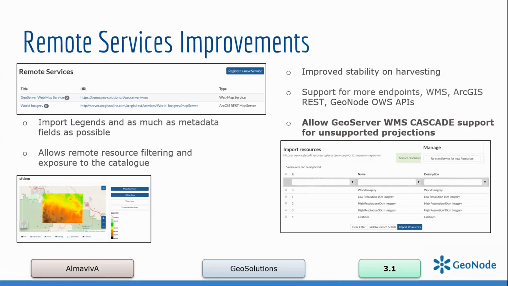So basically, you can now also link a WMS service which does not natively support the projections of GeoNode. It will be transformed into a GeoServer WMS cascade, and GeoServer will automatically transform the layer into another projection.